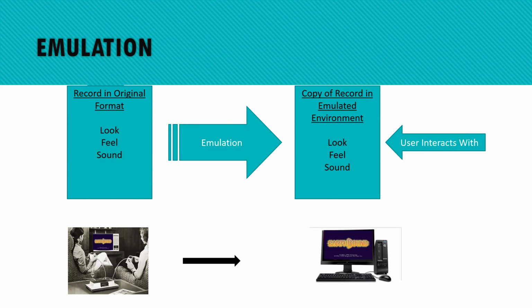No emulator is perfect, and oftentimes, even though the representation of the video game that you're looking at may be pretty similar to the original look and feel of the record, there may be instances where maybe the changes are too much. And that can be problematic for researchers as well.